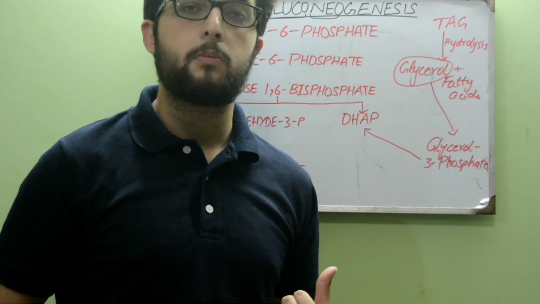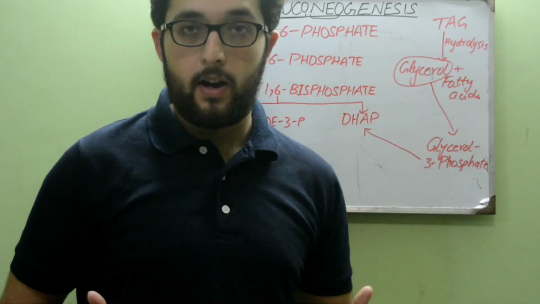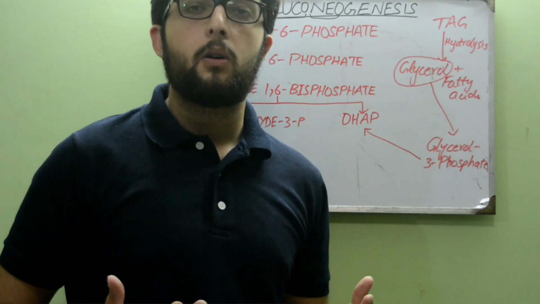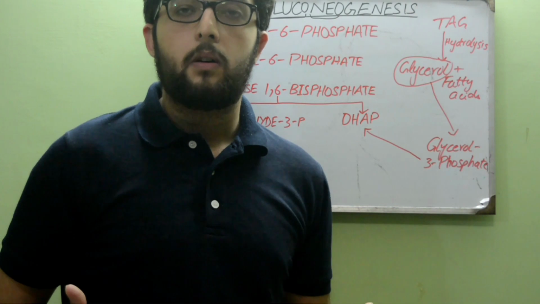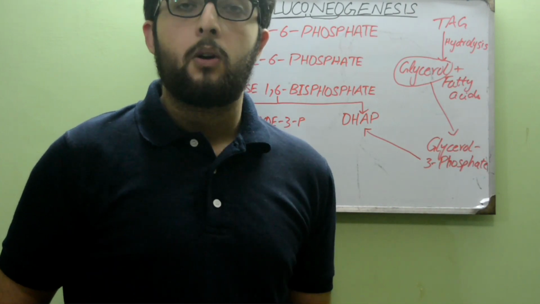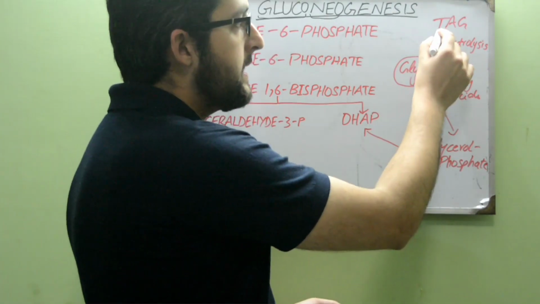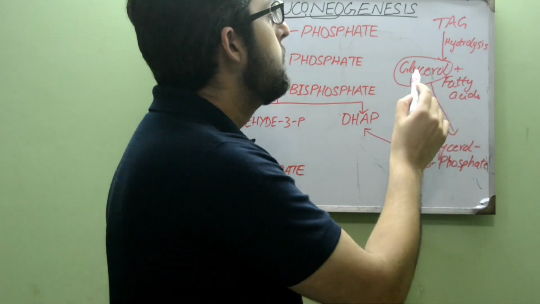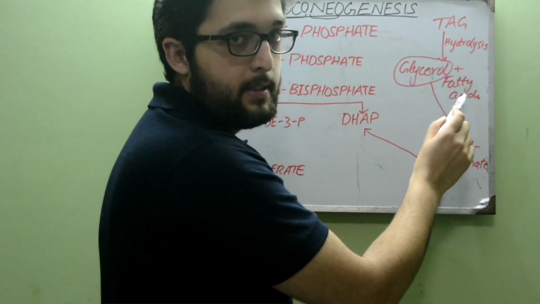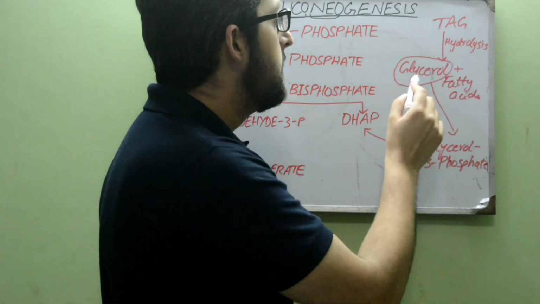You can get it from triacylglycerols, the TAGs, which are your fats, your adipose, right? When you're not eating enough food, you say you're dieting, but your fat stores are depleted, right? That's why you lose weight. Triacylglycerols are hydrolyzed to form glycerol and fatty acids, which is what TAG is made of.